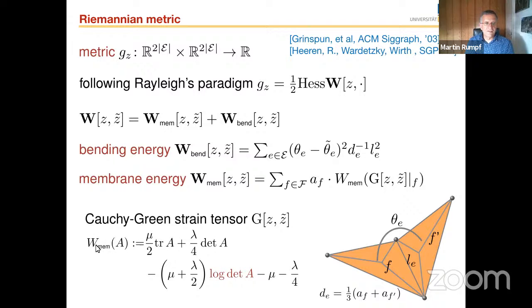So that means using this energy, once we are in the class of admissible triangulations, we automatically stay in this class and we don't have to care about the triangle inequality condition.